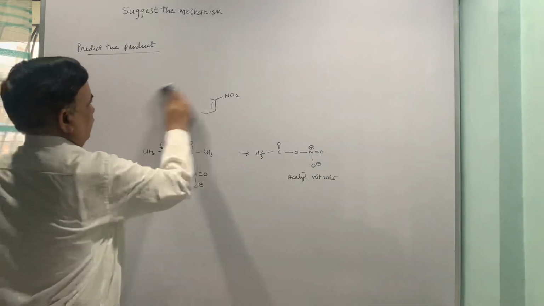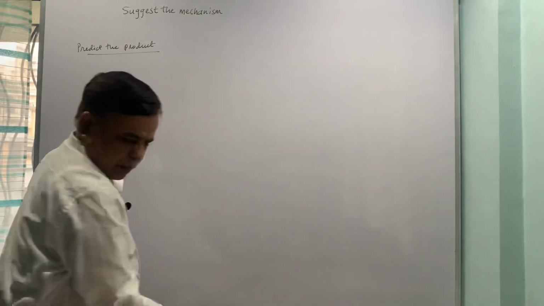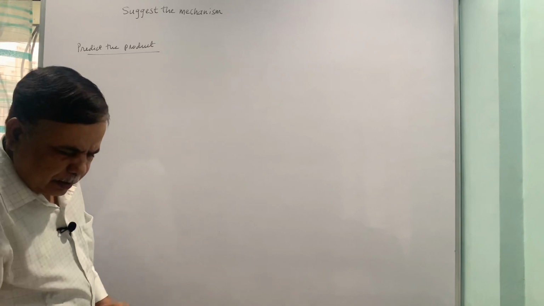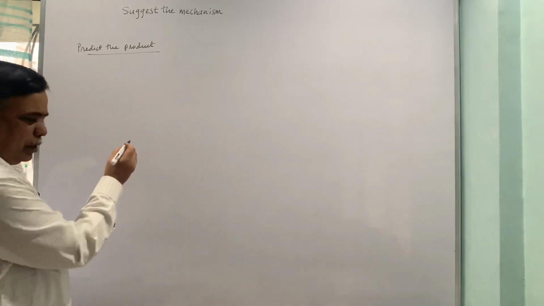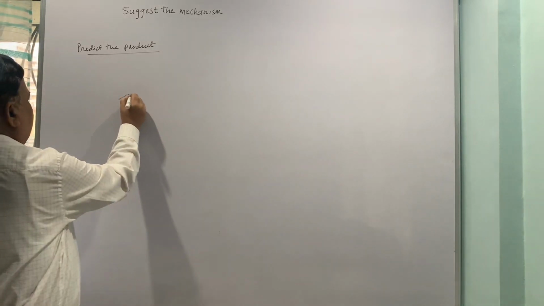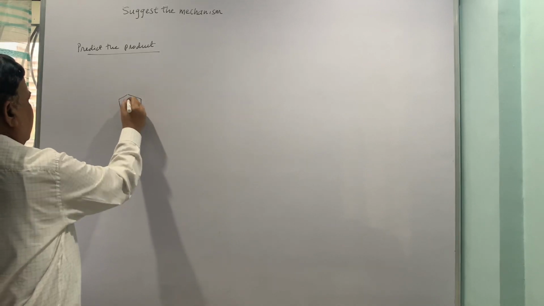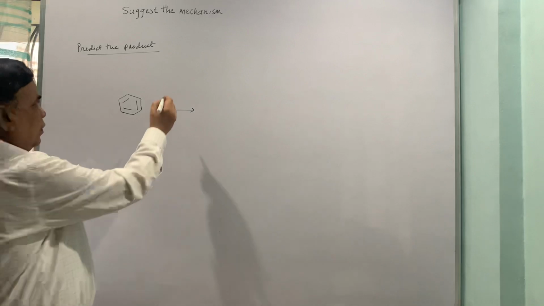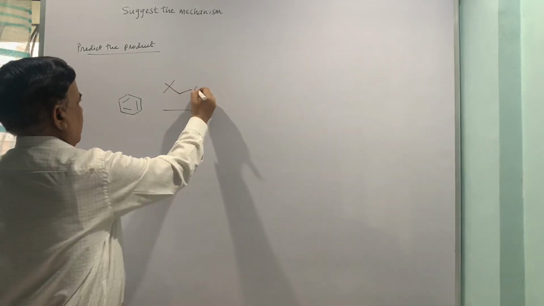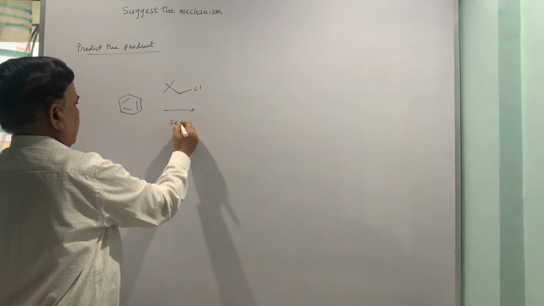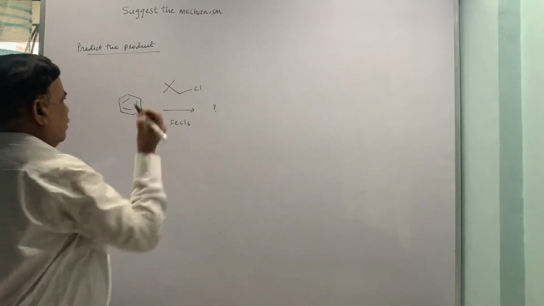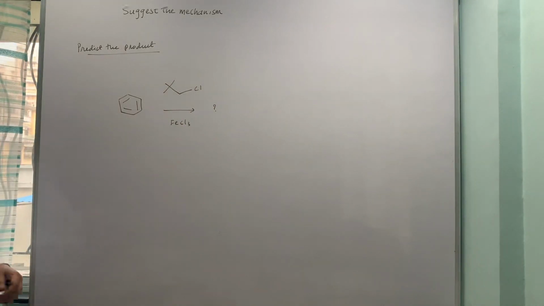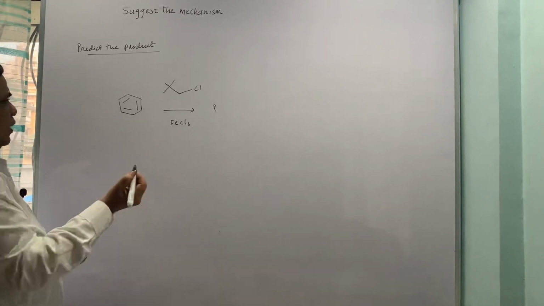The next example is based upon the Wagner-Meerwein rearrangement, wherein benzene is reacting with this chloride and we are expecting some product.